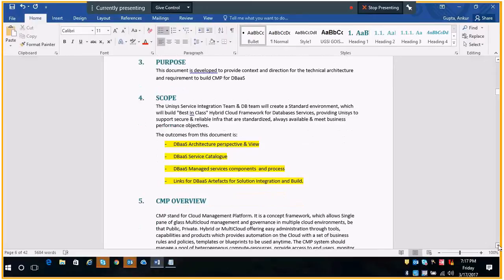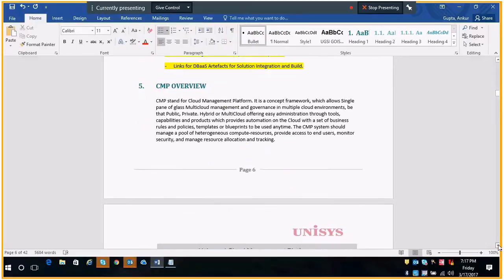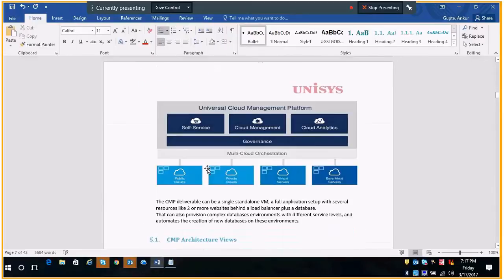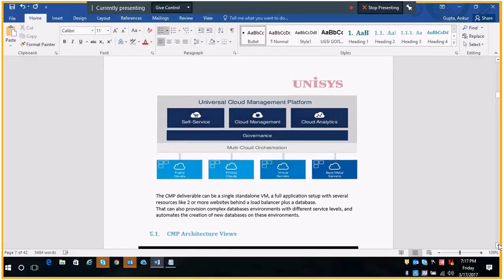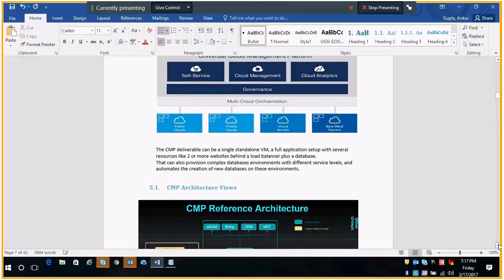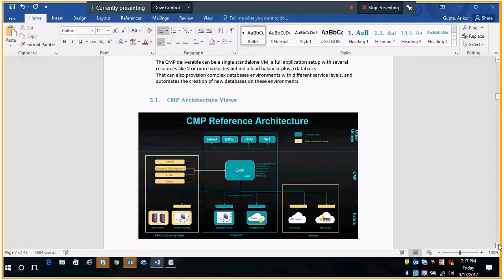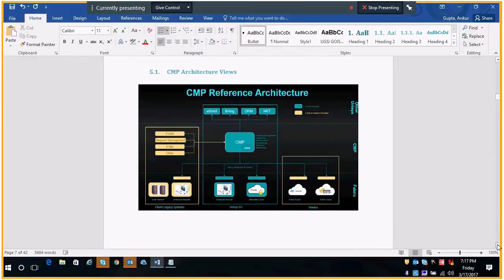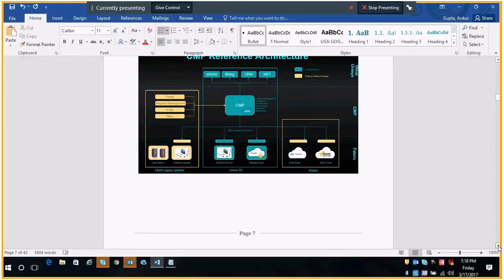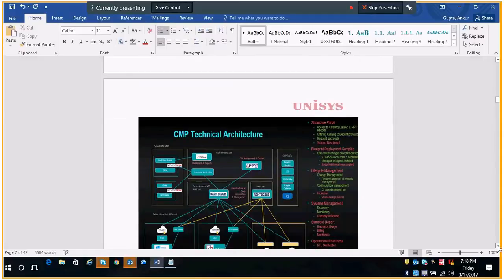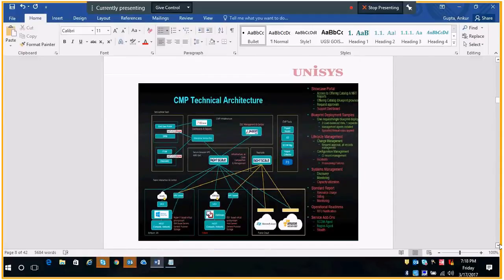So CMP overview, we will understand what the CMP gives, what CMP means, cloud management platform, and what are its orchestration and what are its layers, how it gives the management for that thing. Then the architectural view, reference architecture, and then we have technical architecture, okay, how it is mapped and with what components it is flowing.